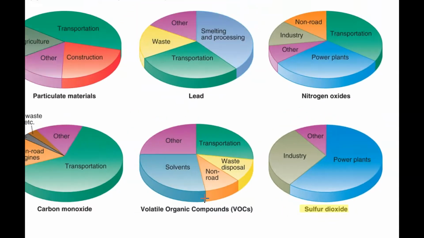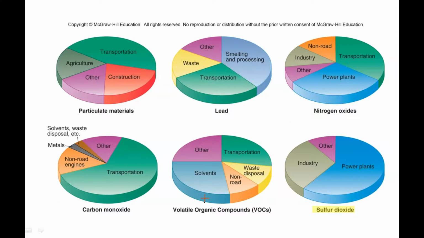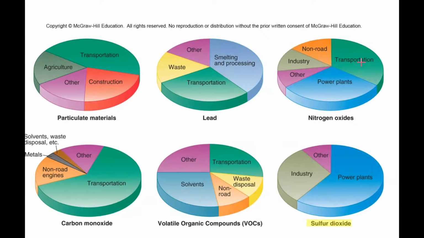So let's take a look now at the sources of nitrogen oxide, NO and NO2, which are also very powerful oxides in terms of acidification of our environment.